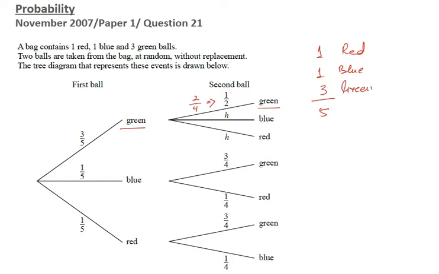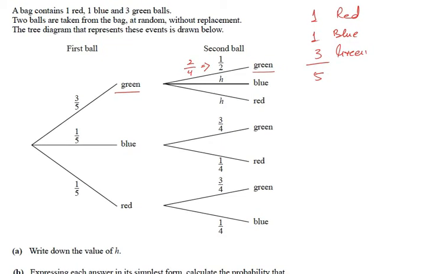Now in the first part, what are they saying? They are saying find the value of h. So to find the value of h, if the first ball is green, then what will be the probability of the second ball as blue? If the first ball is green, it means that up till now we have not taken any blue ball from the bag.